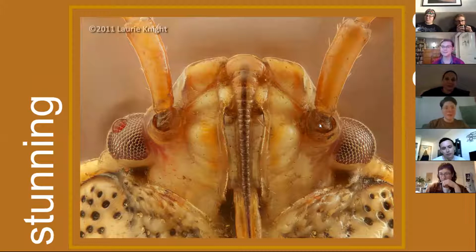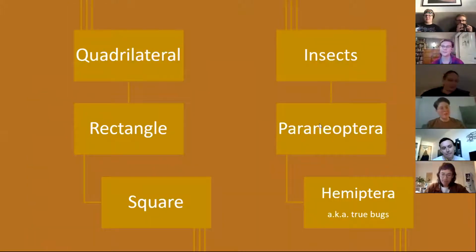So every time you're talking about bugs, you're actually talking about something very specific. It's like if you use the word square when you're talking about all quadrilaterals, including rectangles and trapezoids and other parallelograms. So quadrilateral, rectangle, square, insect, Paraneoptera, Hemiptera, aka true bugs. So there's the analogy that I have skillfully executed.